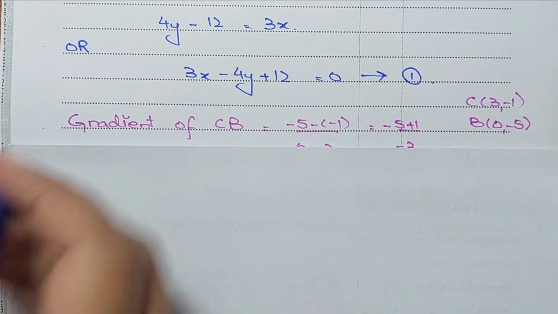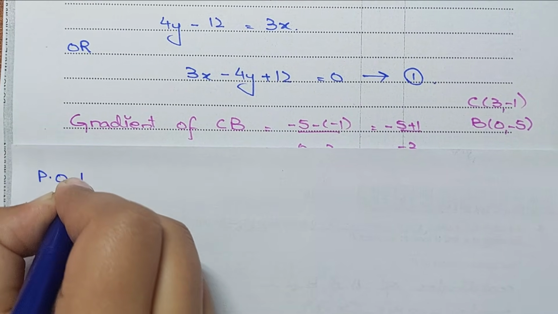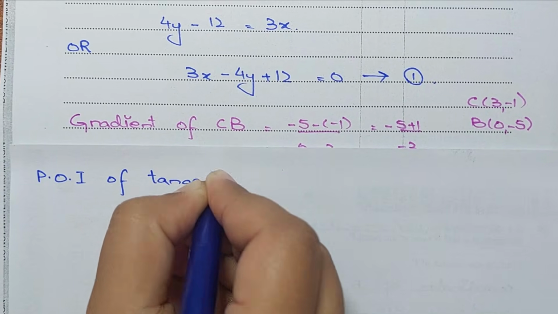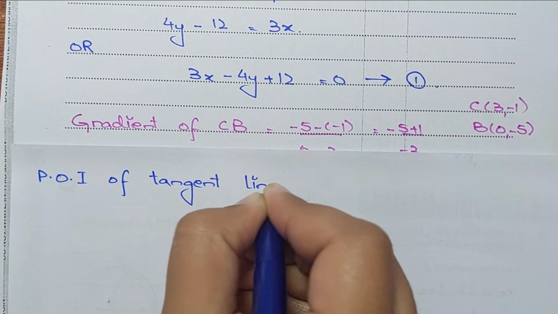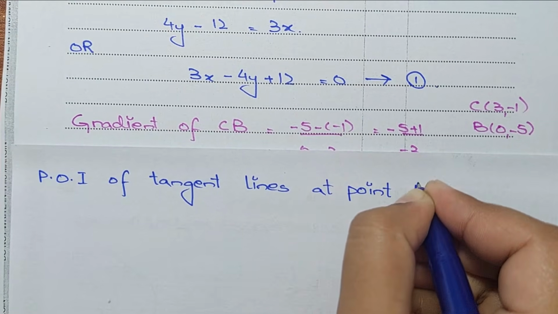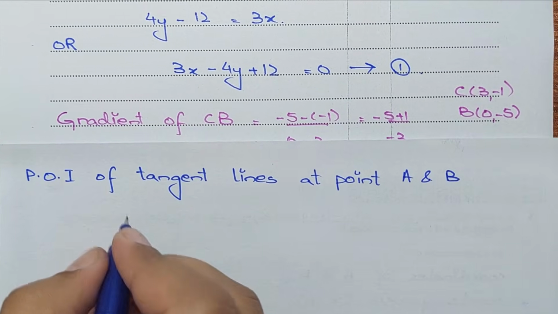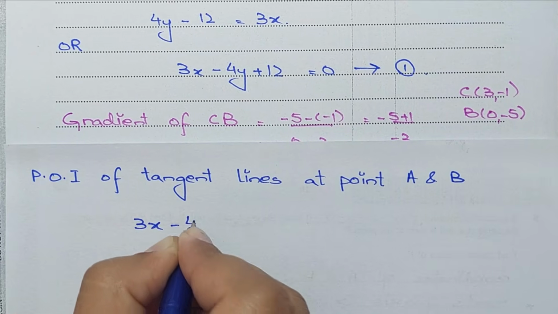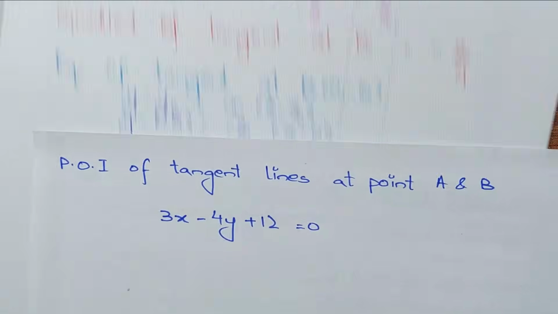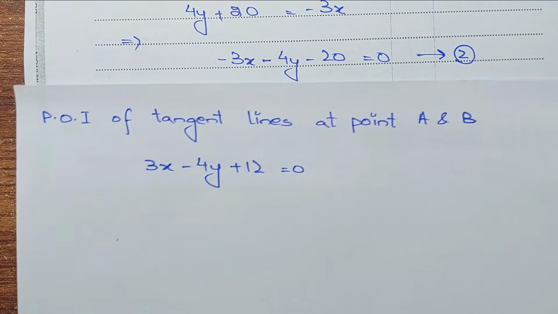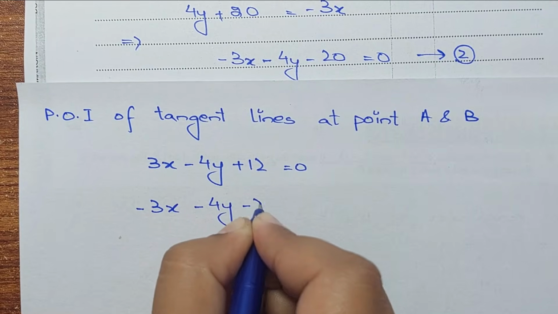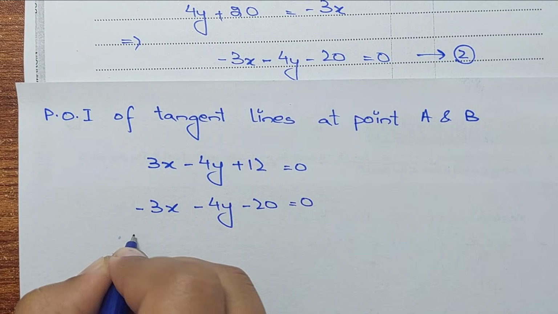So let me write down both tangent lines: 3x minus 4y plus 12 equals 0, and the other tangent line is minus 3x minus 4y minus 20 equals 0.